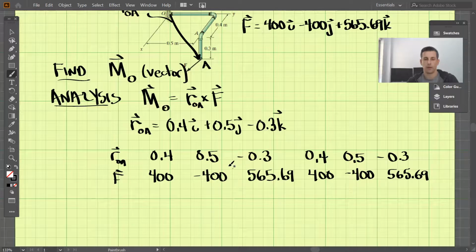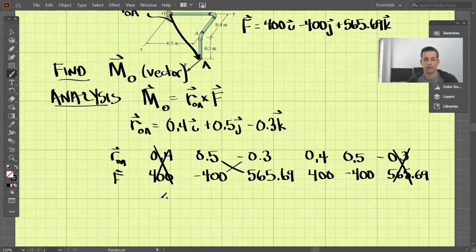Okay, so to perform this cross product, we leave off the first column and the last column, and we perform the multiplication of 0.5 times 565.69 minus the multiplication of negative 400 times negative 0.3.